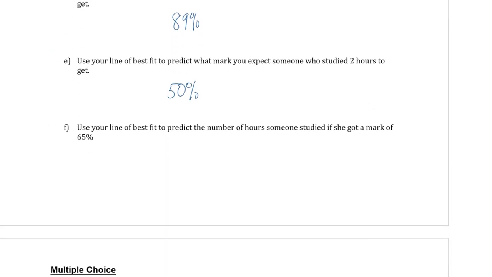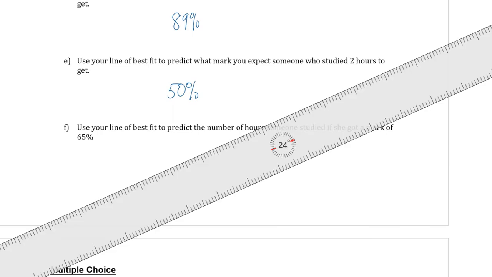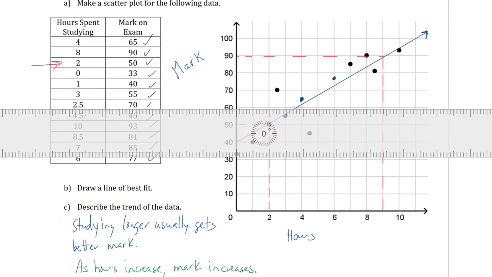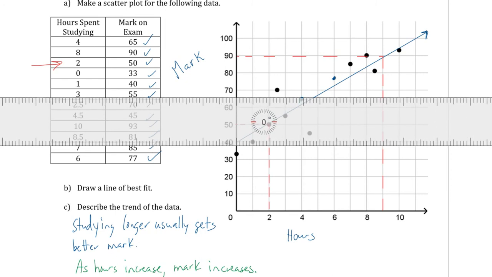Okay, finally, use your line of best fit to predict the number of hours somebody studied if they got a mark of 65. So in this case, I'm going to 65, so I got to eyeball that. It's about halfway. And I'm going to follow that over. Use a different color this time.